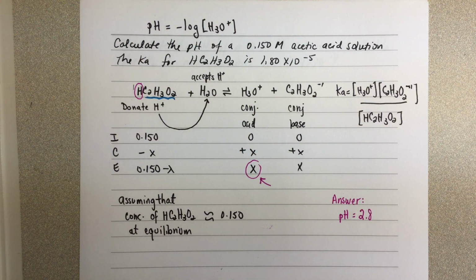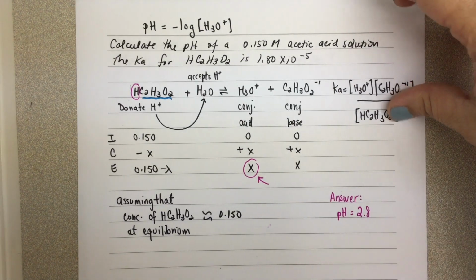Now I want to do another problem because this one here is a little bit different. You have 3 examples with weak acid, so we need to do one with a weak base.